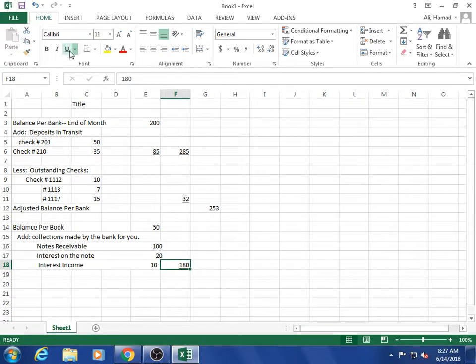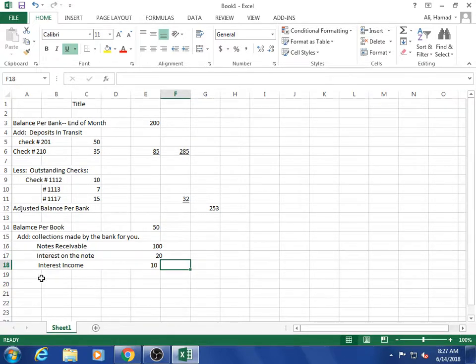And now we look at other items that may be for you or against you. Sorry, these are the additions. Let's assume there's one more addition, because we need some numbers here to make it equal.